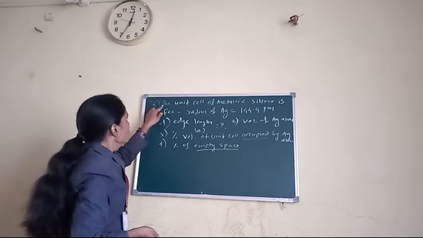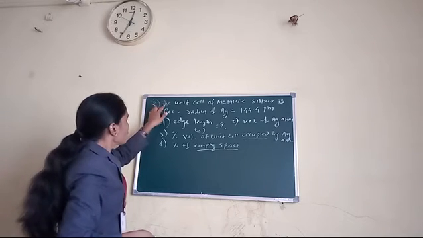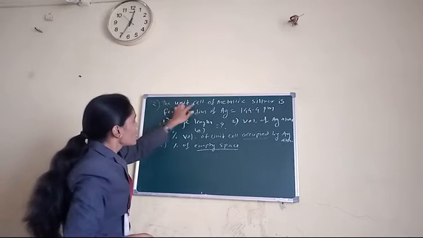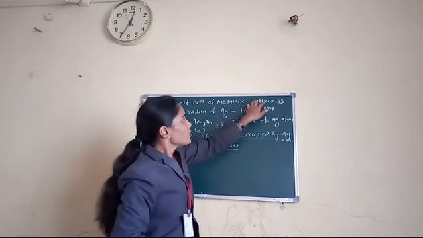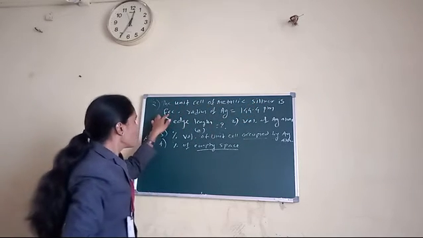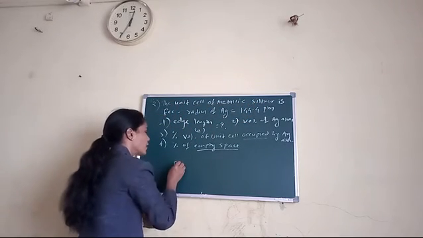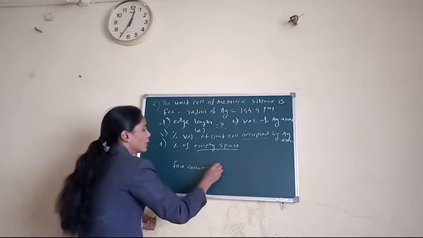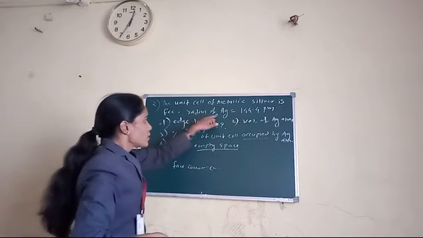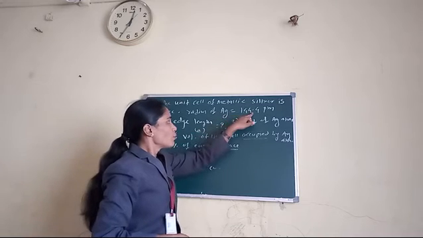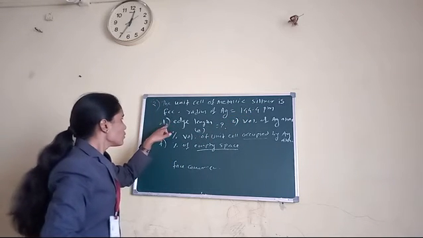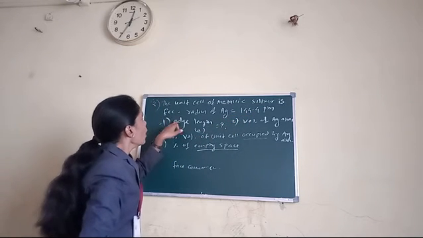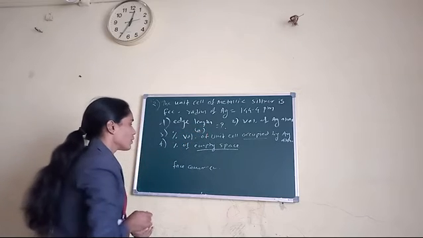First we look at the numerical. The unit cell of metallic silver, Ag, is FCC, a face centered cubic cell. The radius is given as 144.4. First we solve for the edge length a.